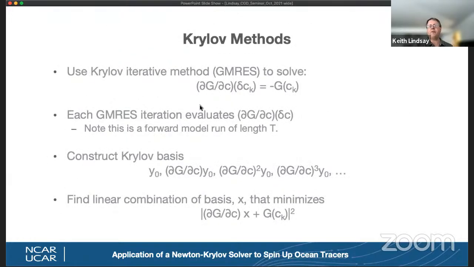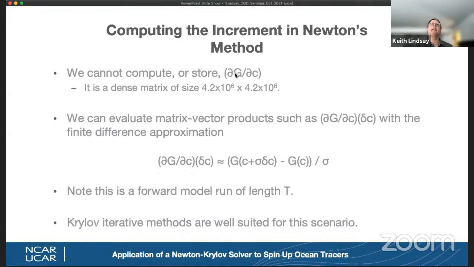And that is not straightforward to do, because that matrix is a dense, large matrix that we cannot store or compute all of the terms of. So it's order millions by millions, and it's impractical to use direct methods to solve that linear system of equations.